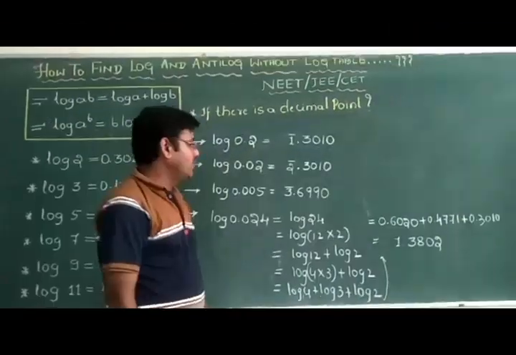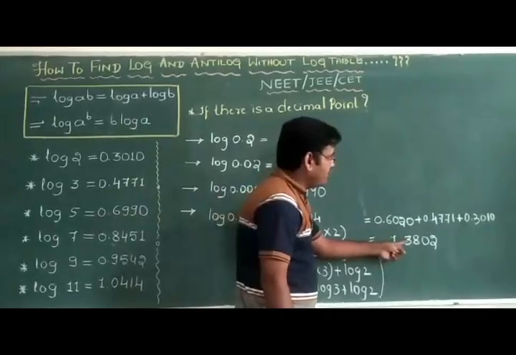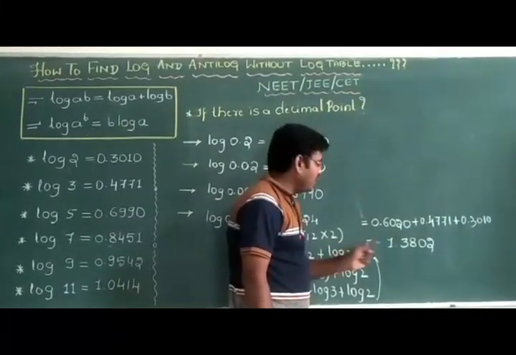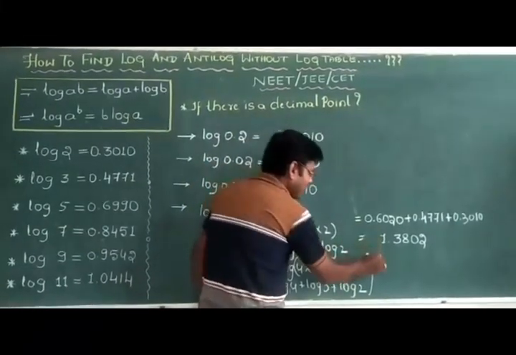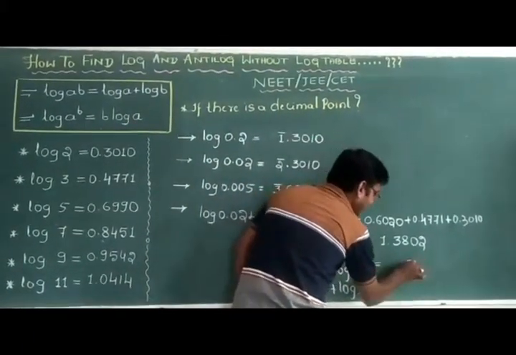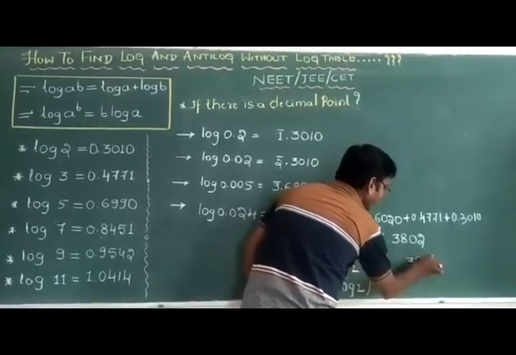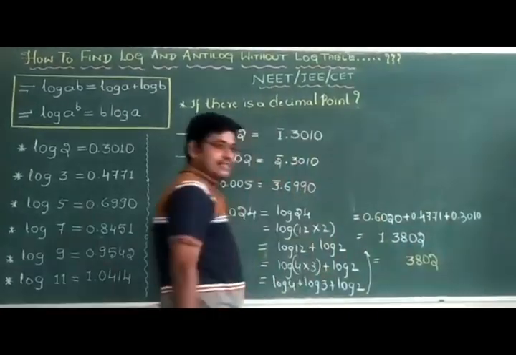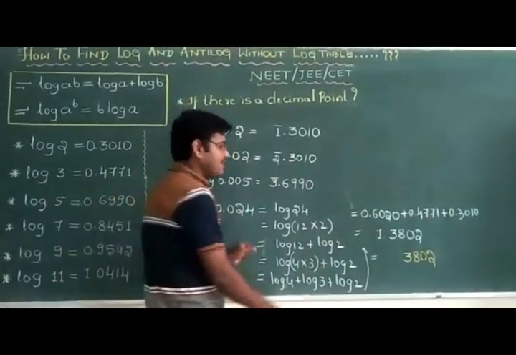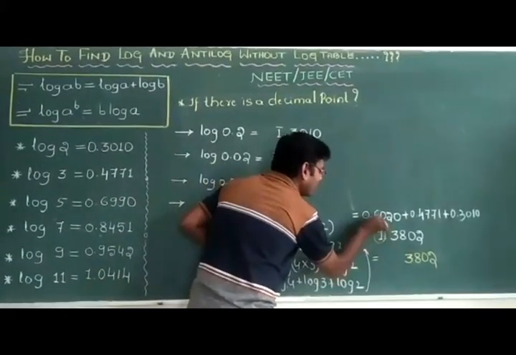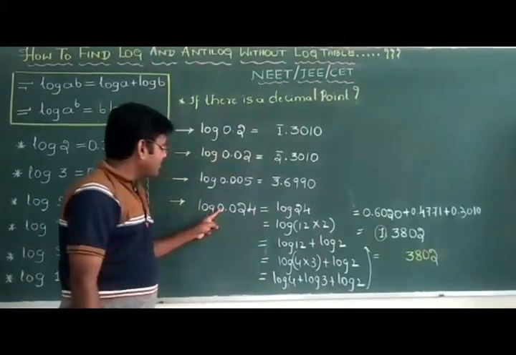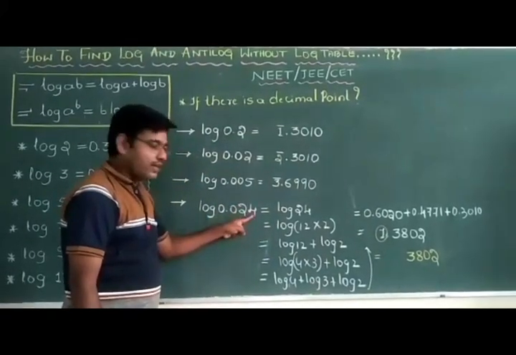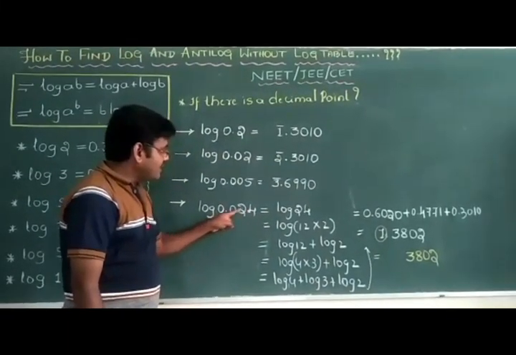So the value is 1.3802. Here we write the 4-digit number 3802 as it is, and instead of writing this characteristic, here the value is 0.24, so it contains a decimal point.